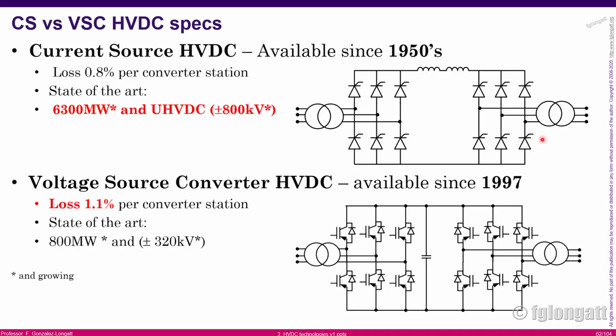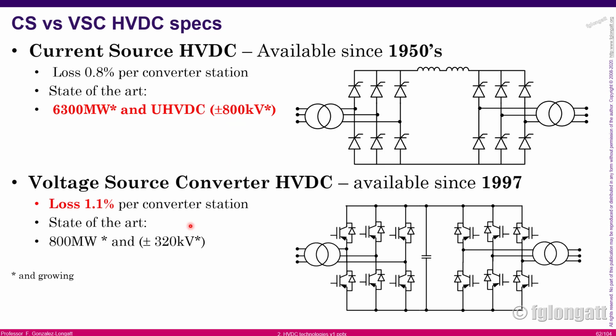And here there are a couple of examples. In this case, there is an example that says they have less than 0.8% losses at the converter stations, and we have right now ultra high voltage DC up to 800 kilovolts DC, moving up to 6,300 megawatts, okay?